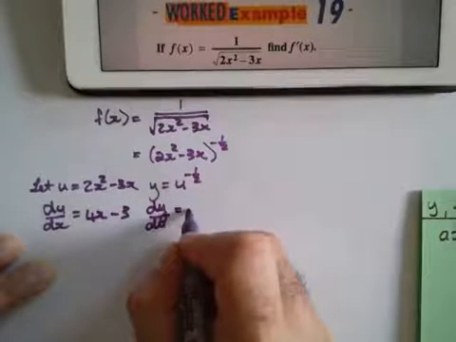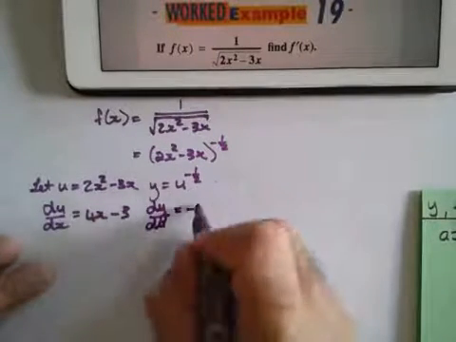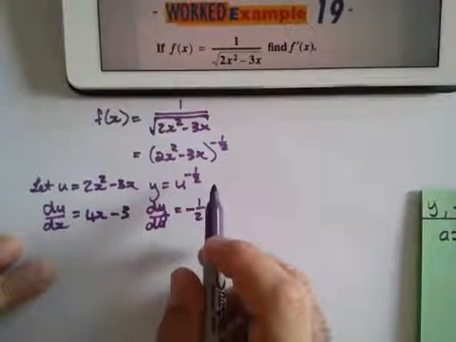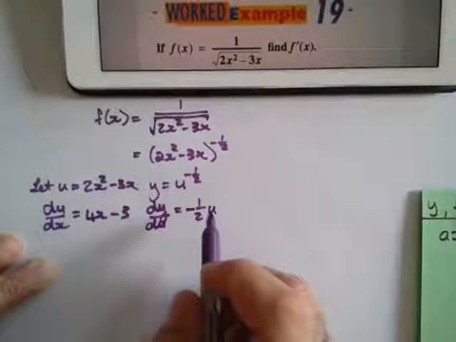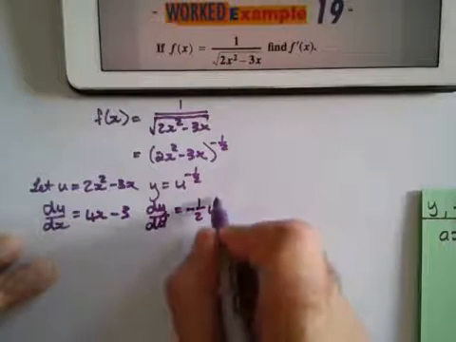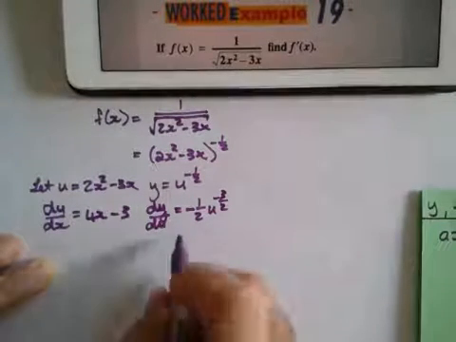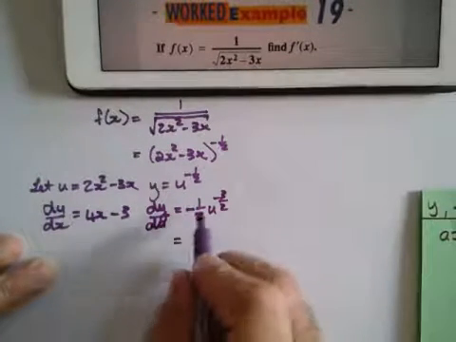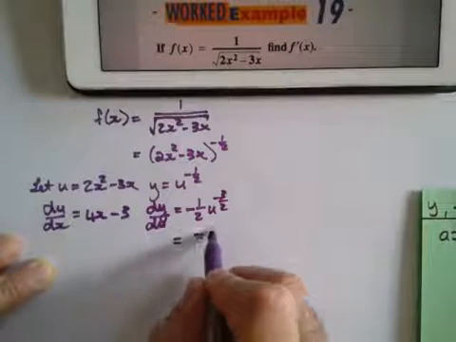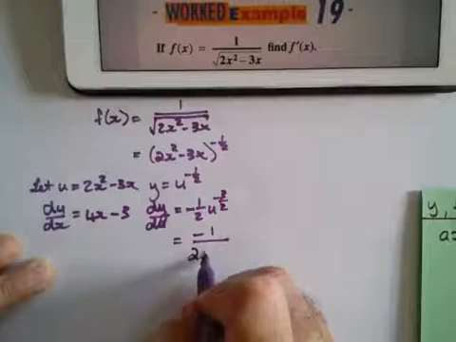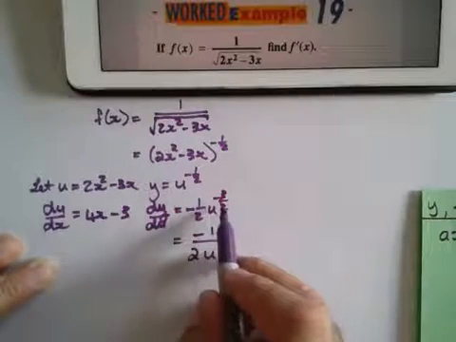The minus half comes forward to the front, so it becomes minus a half u to the power minus a half take 1. And take 1 is the same as take 2 over 2, which gives us minus 3 over 2. I'm going to rewrite that then as negative 1 over 2, and u to the power minus 3 over 2.